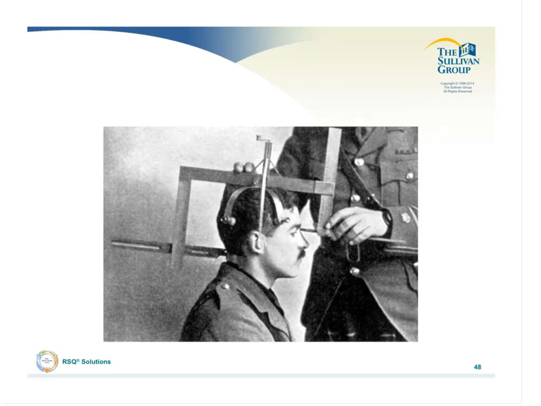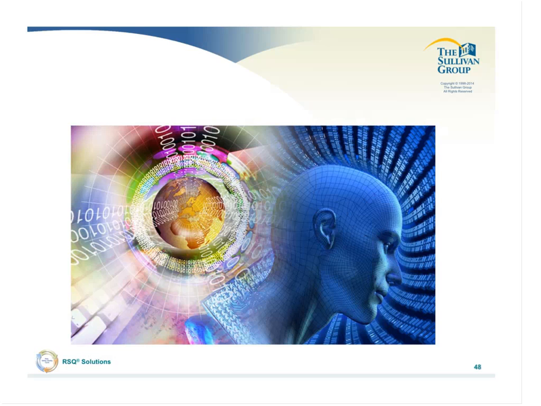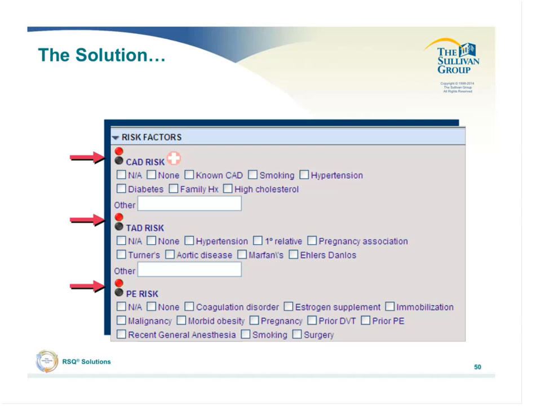What do we do? To measure the human, a little anthropometry, to measure the human. We need to figure out how to deal with this. How do we blend the human mind together with information technology? Again, it's not rocket science, it's low-lying fruit. You're looking at a history of present illness in a chest pain patient. When we started doing this a decade ago, those risk issues weren't even in the medical record.